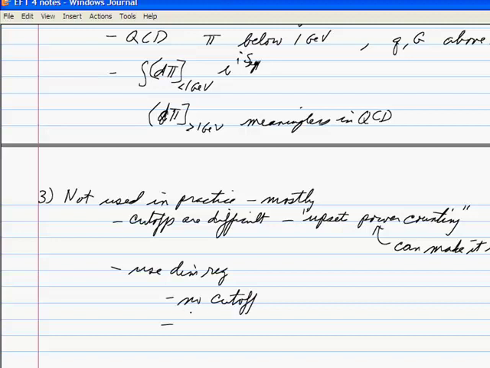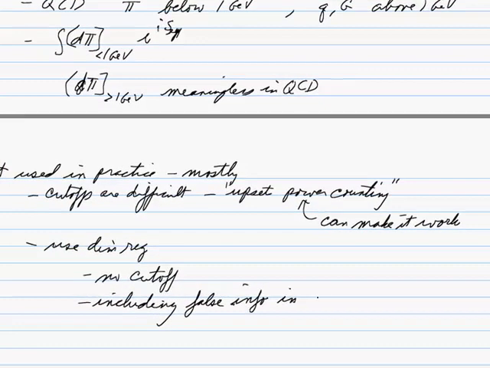But then you are including what I'll call fake or false info in loops beyond the cutoff.